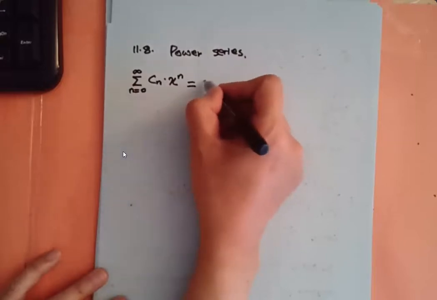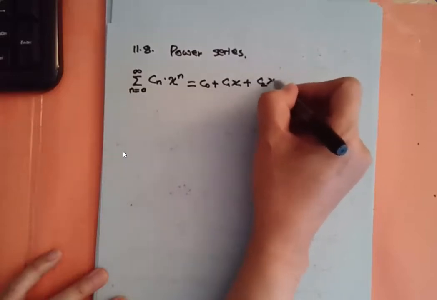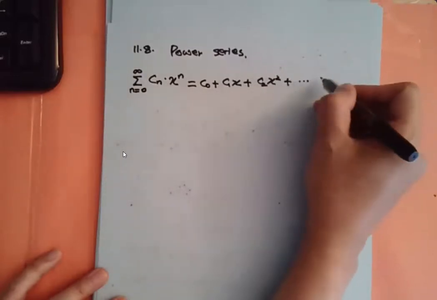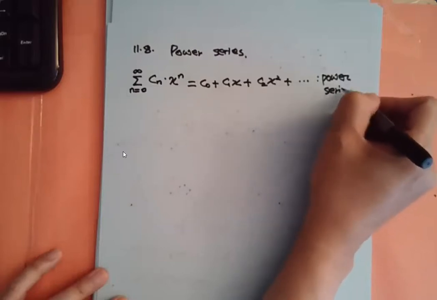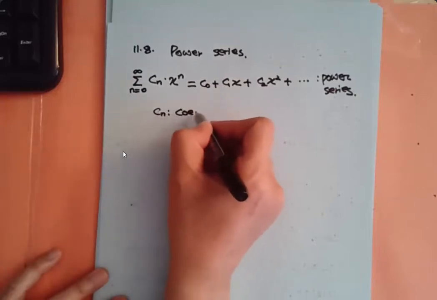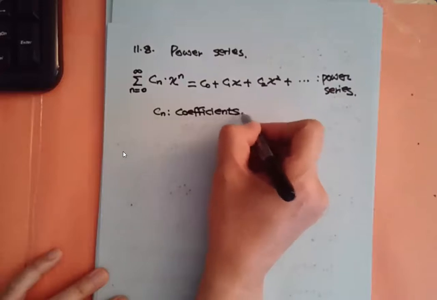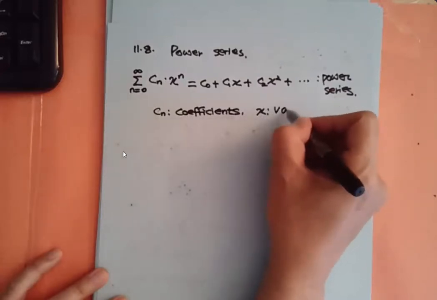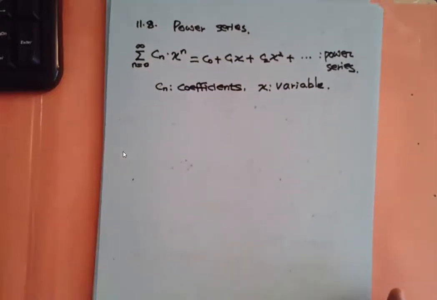So it can be written as c_0 plus c_1 x plus c_2 x squared plus and so on. That is a power series. And the c_n is the coefficient and the x is the variable. And that is called power series.